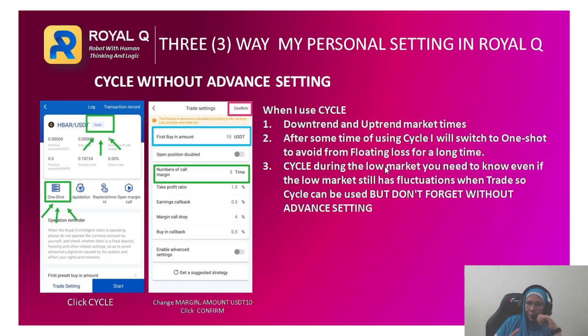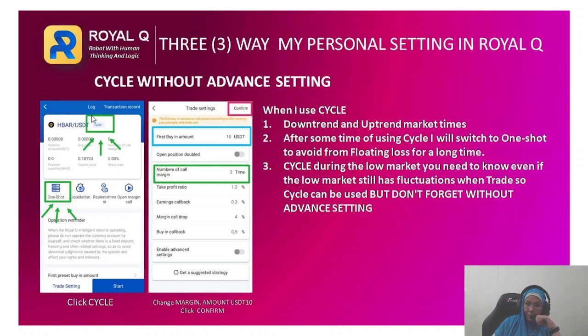The process is the same. You click pause, or you directly click here, you click in here, and it will change to one shot, all right? And then maybe you wait a few more hours, or maybe 1 or 2 days.